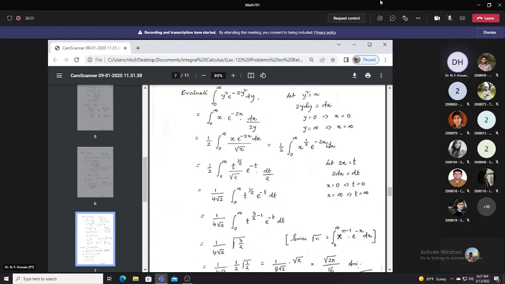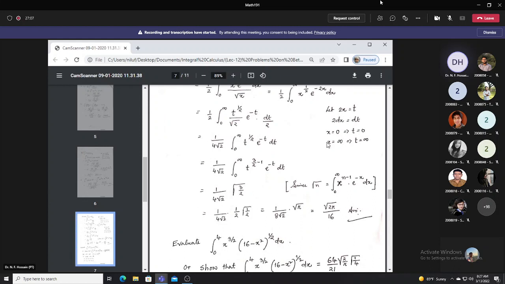So here we need another substitution. Suppose 2x equal to t. So 2 dx should be dt, that means dx equal to dt by 2. And the limits are not changing, so here you are getting 1 by 4 into root 2 integral 0 to infinity t to the power half e to the power minus t. So let us write it this way: the power half can be written as 3 by 2 minus 1.